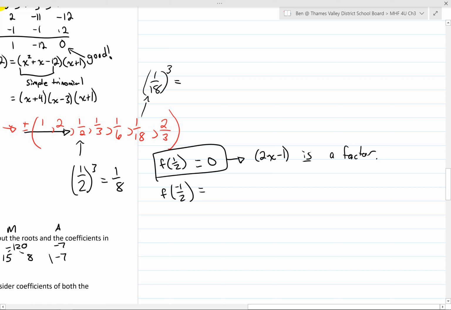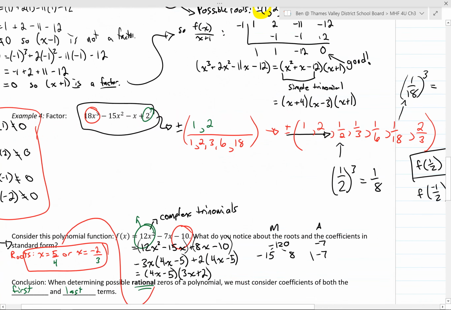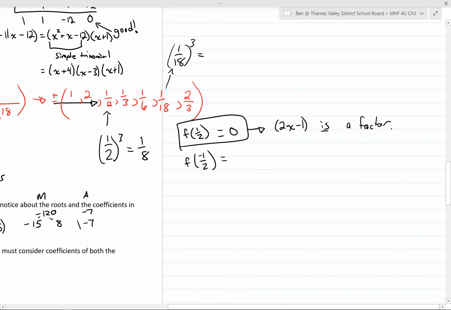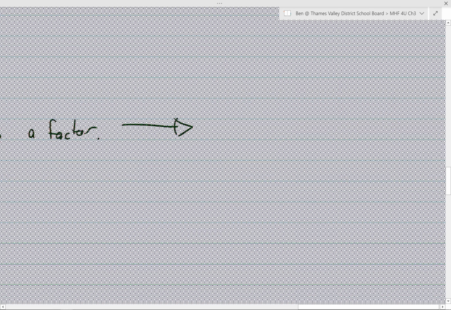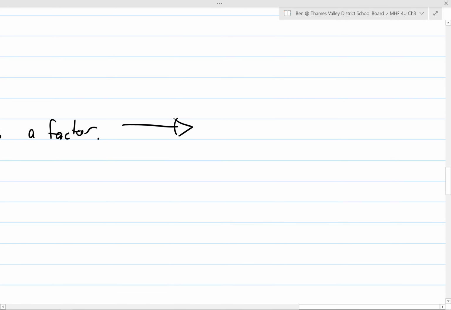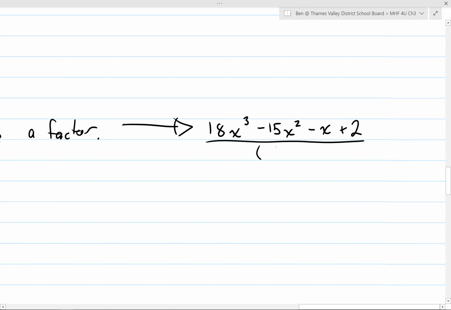And if 2x minus 1 is a factor, then I can work with this function. It is 18x cubed minus 15x. I know I'm kind of working sideways. Maybe I'll adjust this note so that you have a little bit more space there. I'm working with 18x cubed minus 15x squared minus x plus 2. I'm dividing this by the factor I just found, that is 2x minus 1.